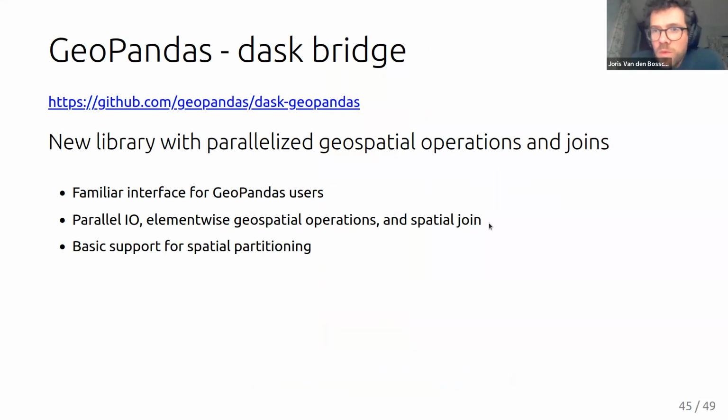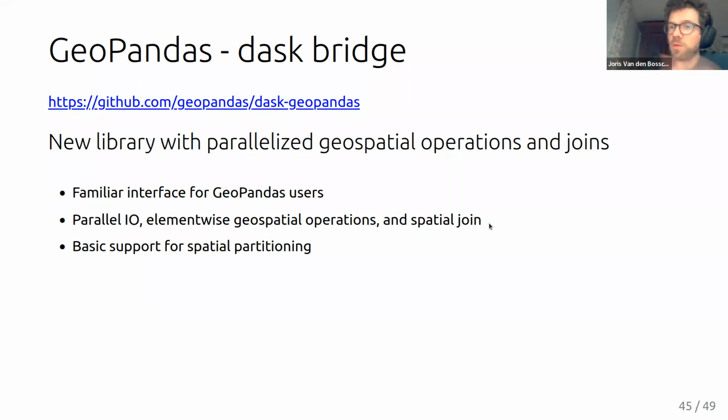It's also very similar to the Dask data frame, providing an API that is familiar for people already using GeoPandas. And we implemented most of the element-wise geospatial operations in dask-geopandas already. So all the element-wise operations are available.